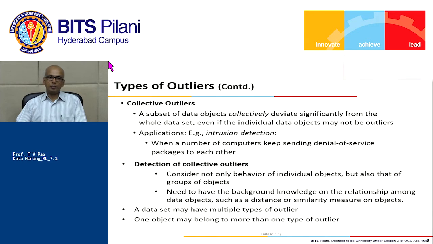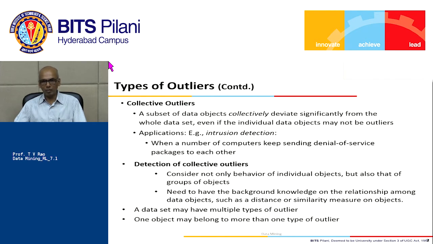The other type is a collective outlier. Here it's not just one data object, but a set of data objects that deviate significantly from the whole data. It is not that we are looking at one which is very isolated. An example can be a denial of service attack started because of a malware which has spread and captured some 100 machines.